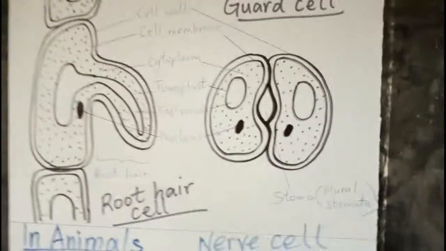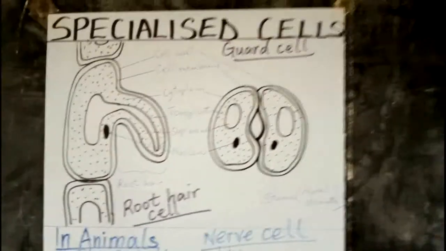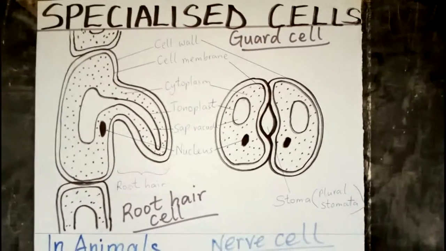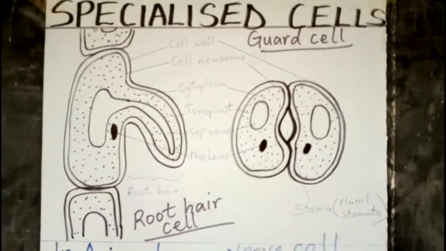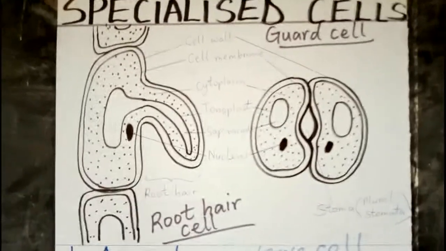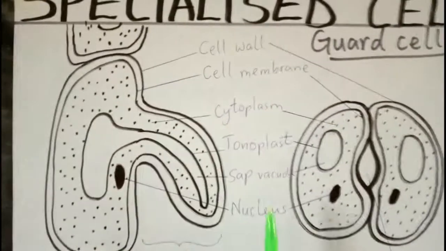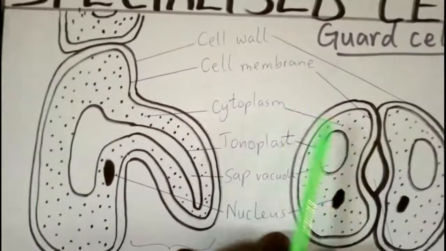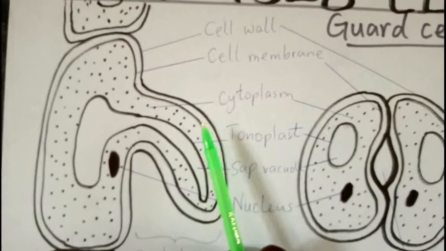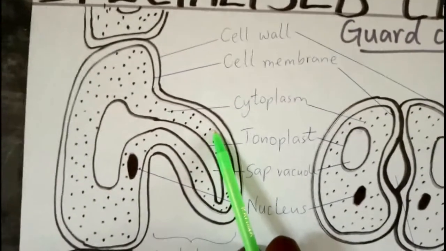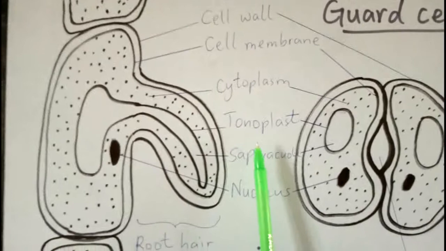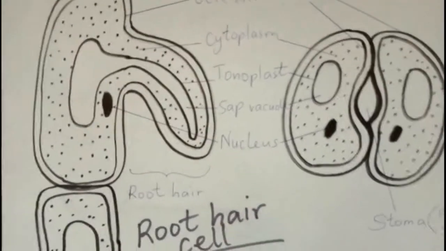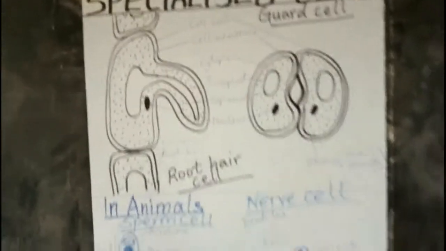We will look at the adaptations later on when we'll be looking at the process of transpiration. That is definitely the Form 2 work. Just like any other plant cell, they also have the cell wall. They also have the cell membranes. I hope you are able to see the two. They also have the liquid part called the cytoplasm. They also have the tonoplast, sap vacuole, and the nucleus.